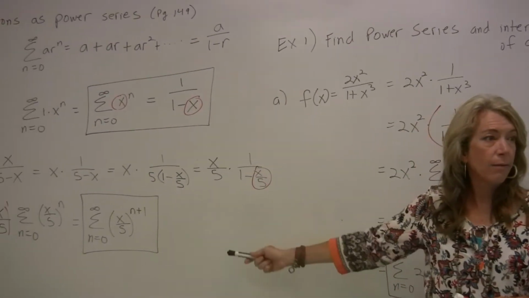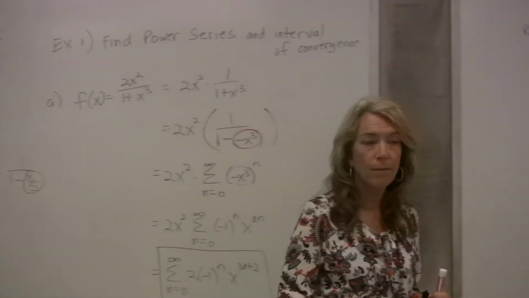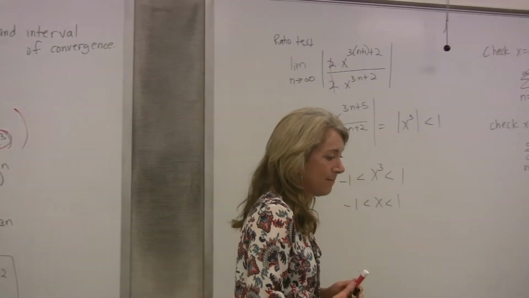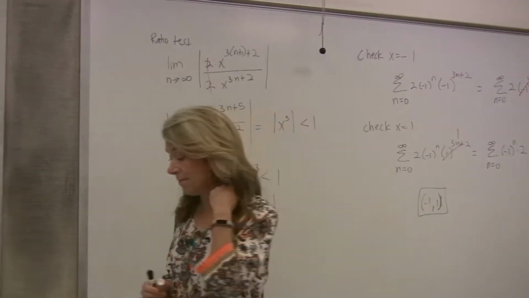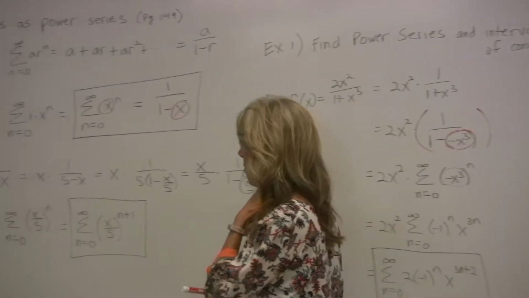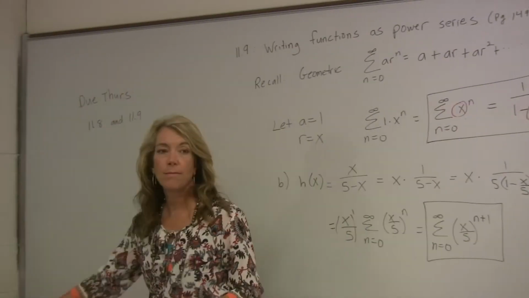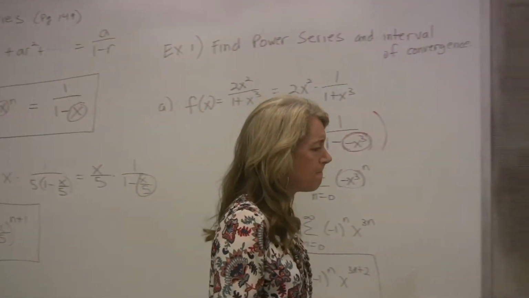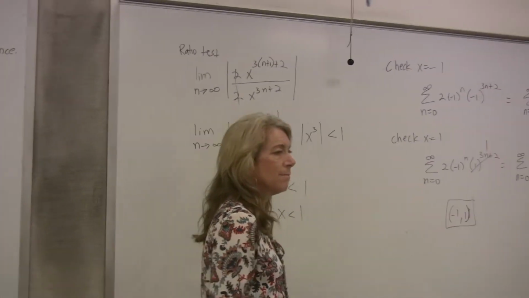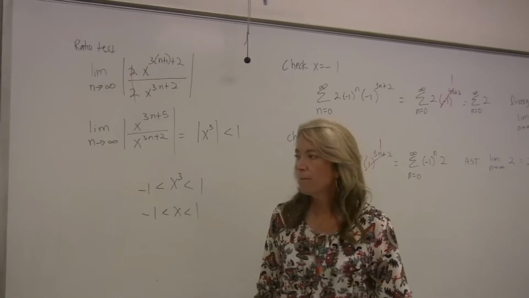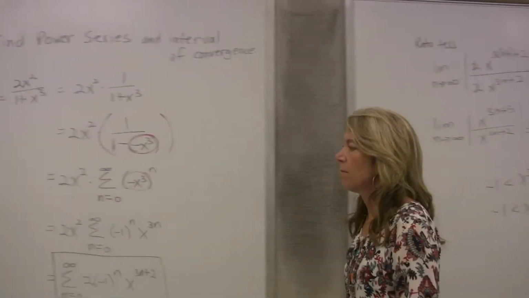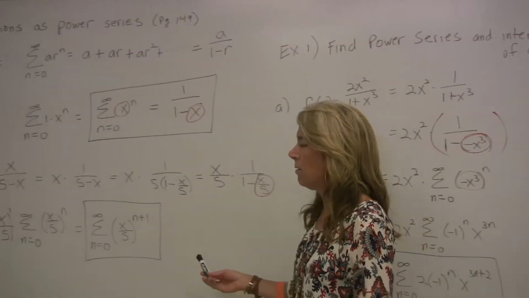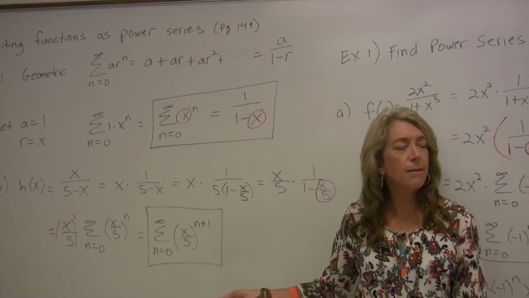Questions up to that? Now what? Ratio test. Ratio test on what? On the new series. Okay, so I like where you're going, but why are we doing the ratio test?